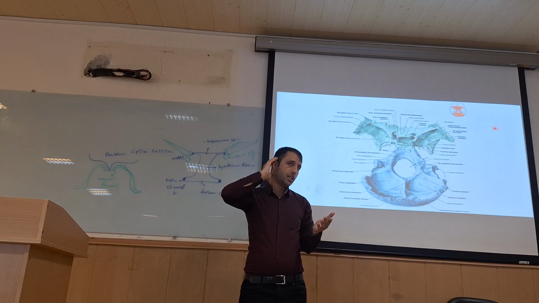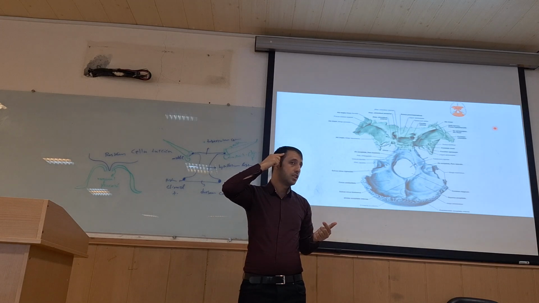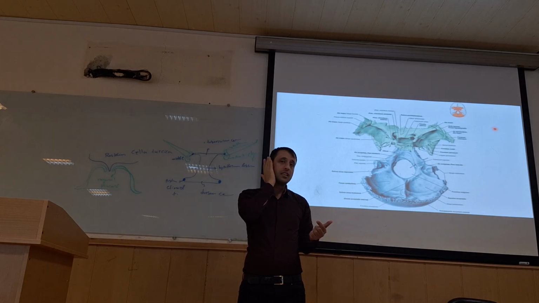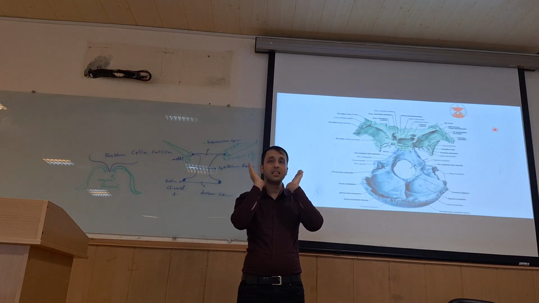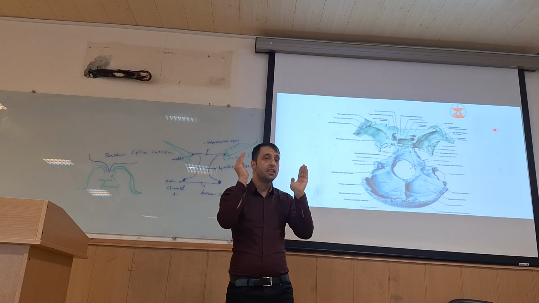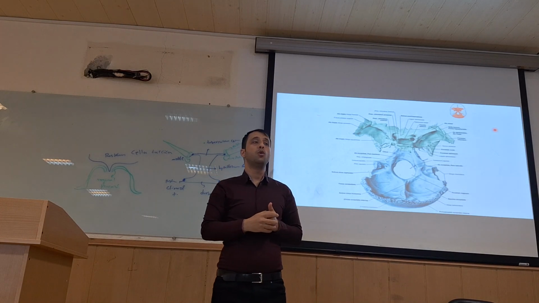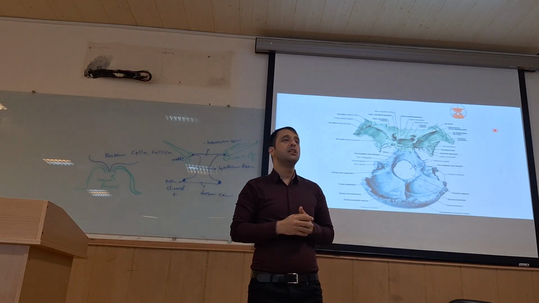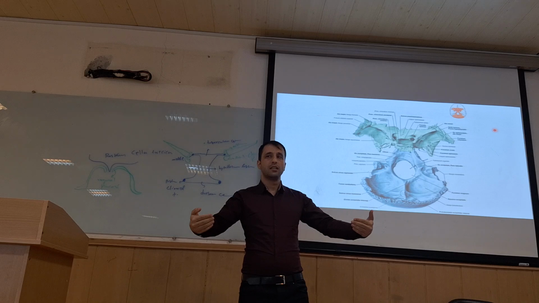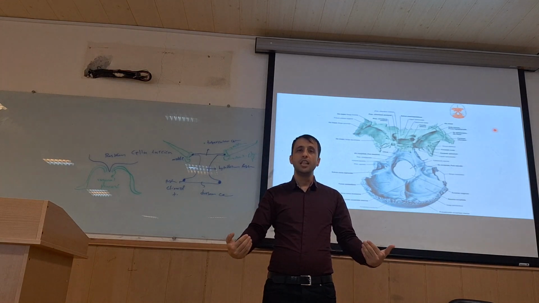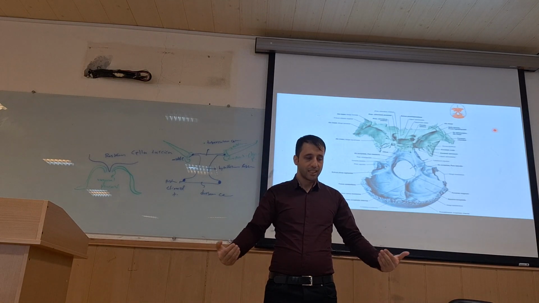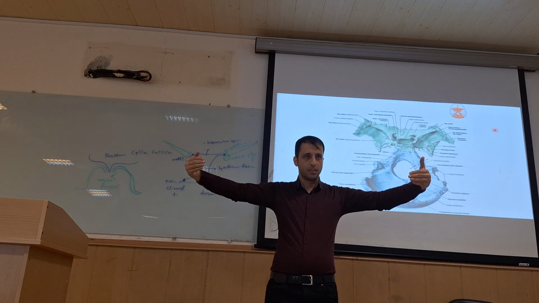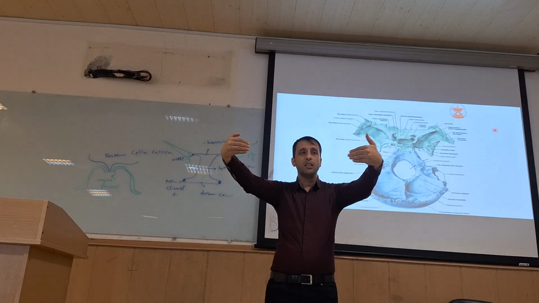Here is the temporal area. I said that at the temporal area we have the greater wing of the sphenoid. So this surface of the greater wing, which is located in the temporal area, is named the temporal surface. Another surface of the sphenoid is named the orbital surface. During development, look at my hand here, the greater wing of the sphenoid attaches to the body, travels laterally and comes superiorly.